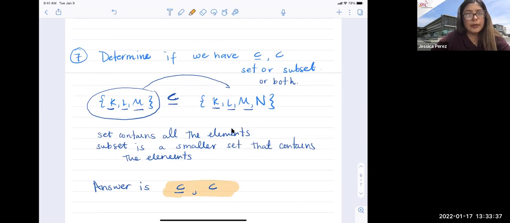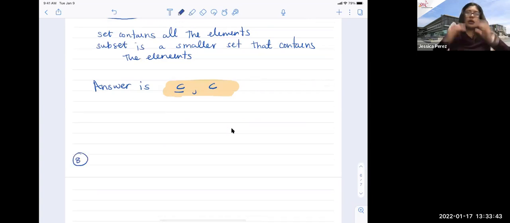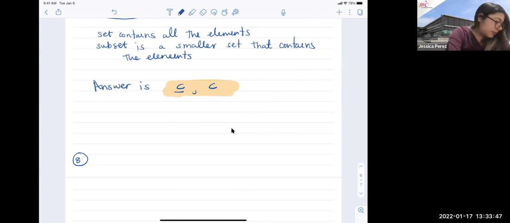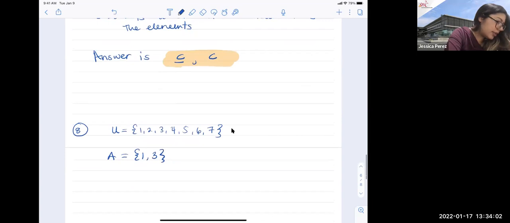example. Okay. Let's say we have question 8, that we have a universe. Let's say that the universe is 1, 2, 3, 5, 6, and 7. Okay. Let's say A is the set 1, 3. Let's say B is 3, 5.